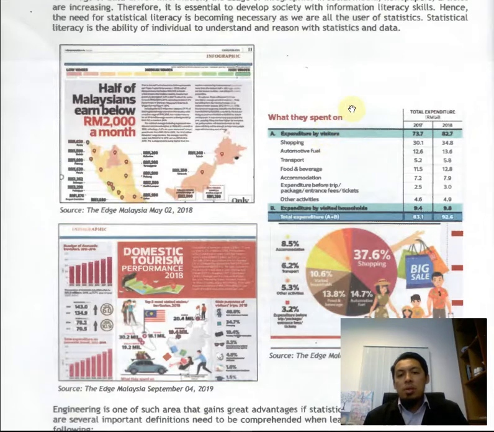The same goes for this one. This is actually information on expenditure for, I don't know, maybe households in Malaysia, and you have of course a lot of them, and they are actually 2 years worth of data.